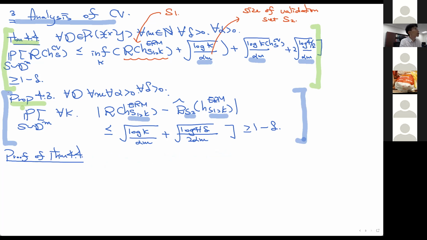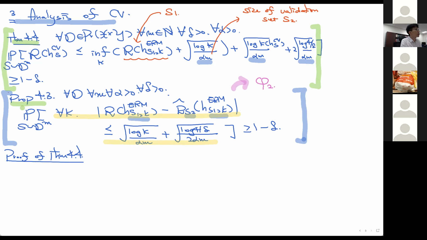So what we do is, let's call this whole statement here inside the probability V2.